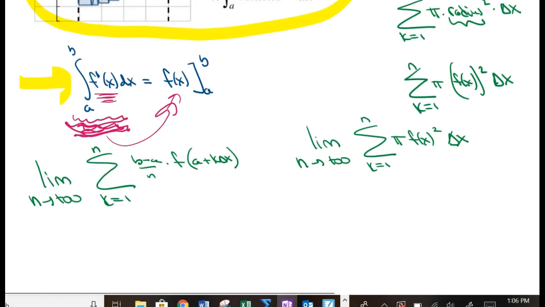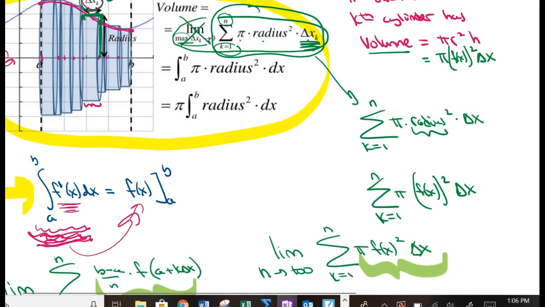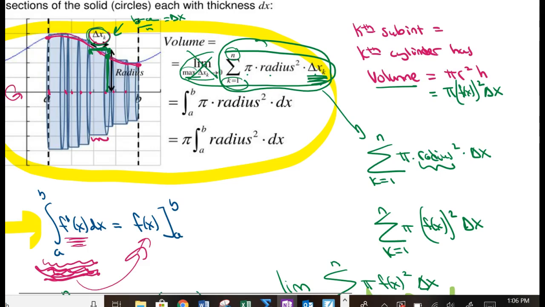You're probably wondering to yourself, well, this is very odd. This is why I asked Ms. Yem the question, because this looks nothing like this. Well, I'm going to challenge you there for a second. If you look at this picture, it's hard to tell, but for subinterval 1, it looks like they used the right endpoint of that subinterval as the radius.